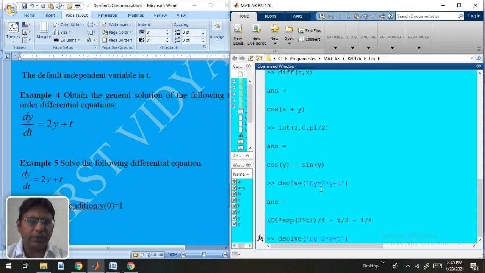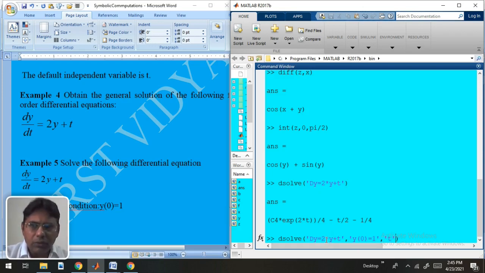We have recalled the same function here, and then we add one more thing, that is y0 is equal to 1.